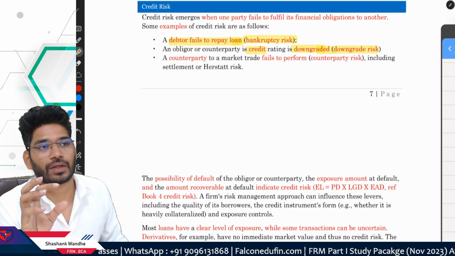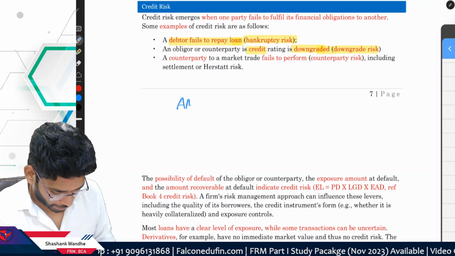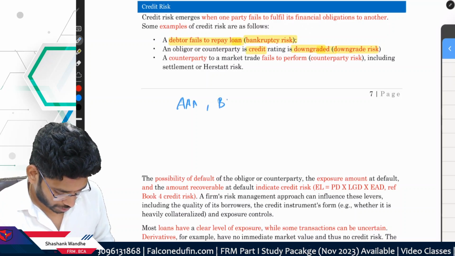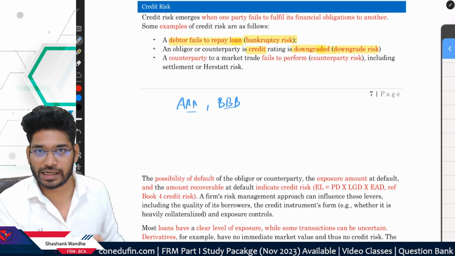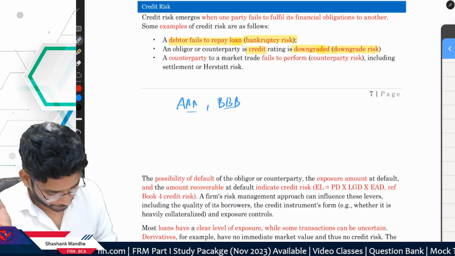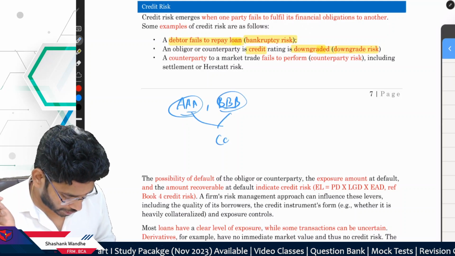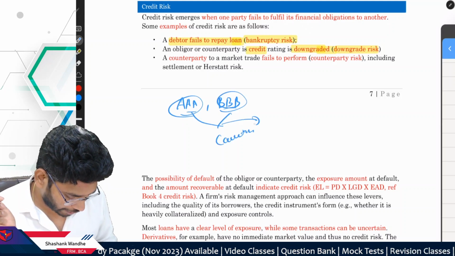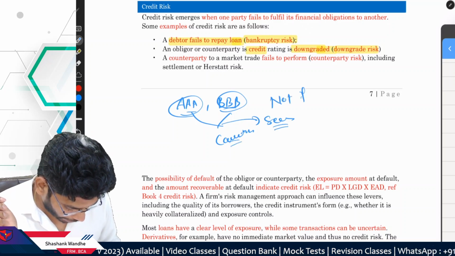Downgrading means simply there are credit ratings, so AAA, BBB, like this. We have a detailed discussion on credit rating as well in Book 4. These credit ratings are mainly provided for countries and securities and not for companies.